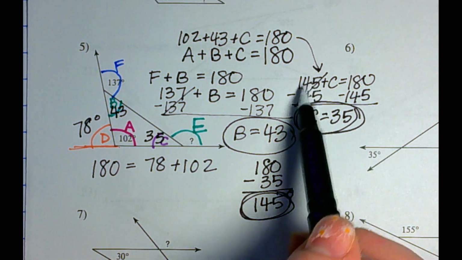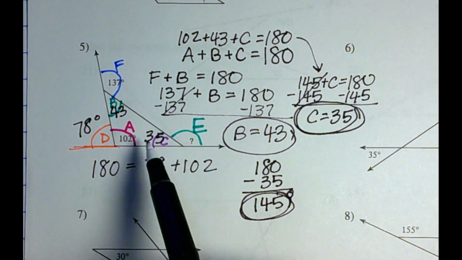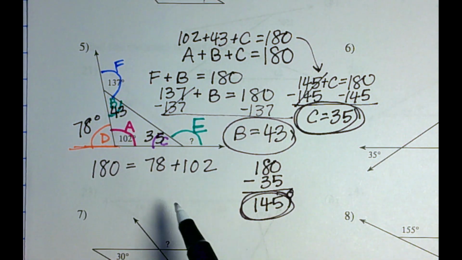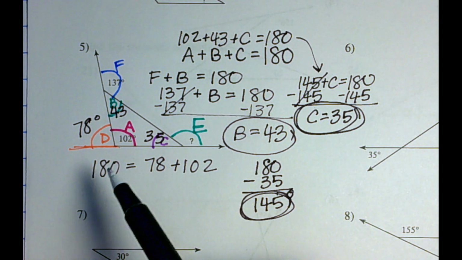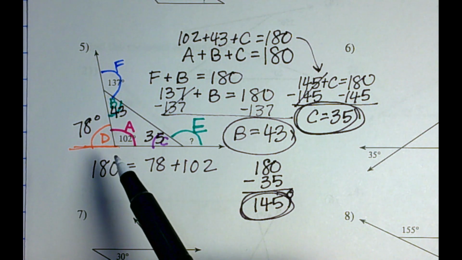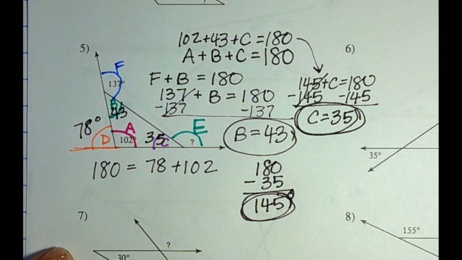So 145 was 102 plus 43, which was A plus B. You already had 145. I did. I guess it was a coincidence. Okay, never mind, I was just kidding.